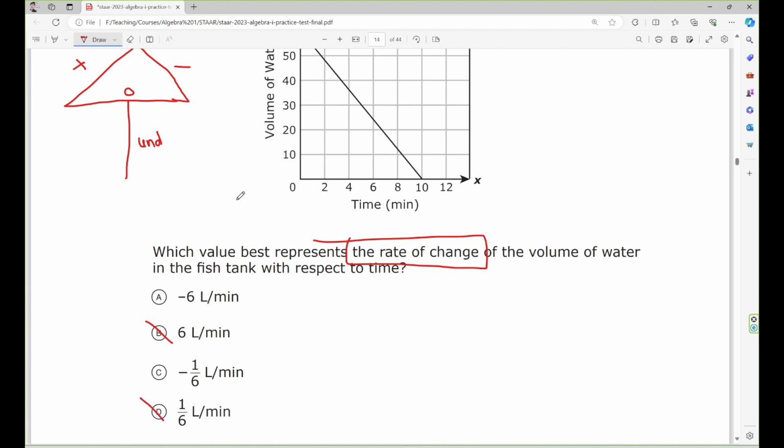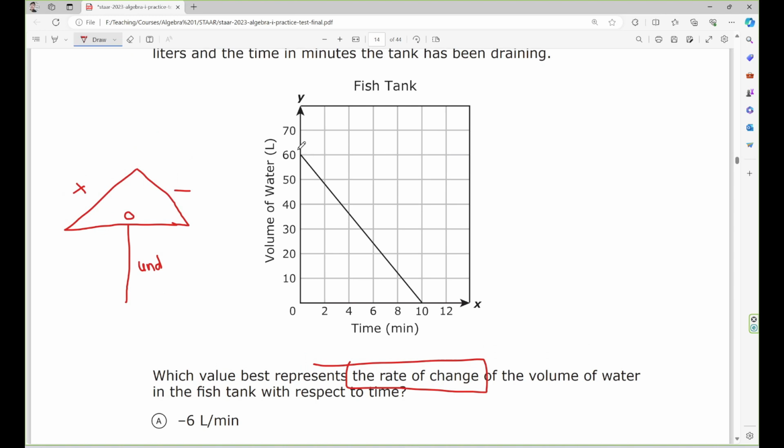Alright, now you need to find the rate of change, right? Pick a point right here, and a point on the corner of a little square right here. Find rise over run. Slope equals rise over run. Now, from this point, how do I get to this point?